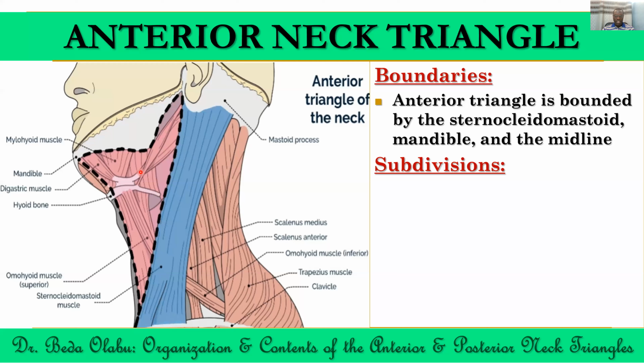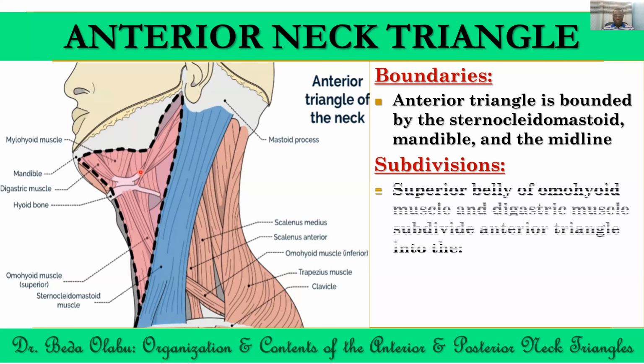We divide this anterior neck triangle into 4 smaller triangles using the digastric muscle, both its anterior belly as well as posterior belly. Also using the stylohyoid muscle, it doesn't have more than one belly, and the superior belly of the omohyoid muscle.